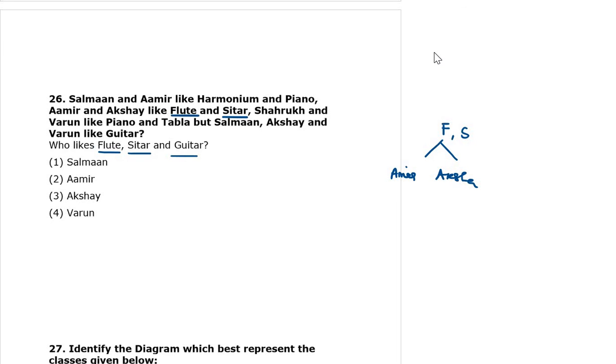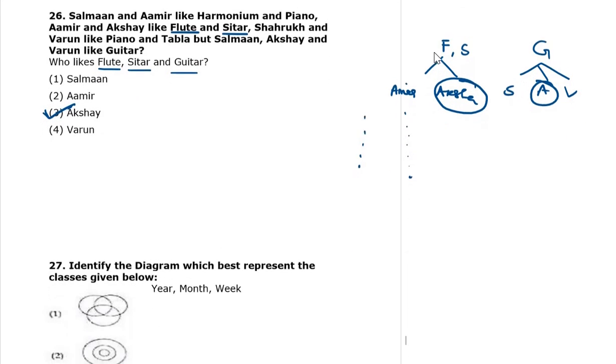But Salman, Akshay and Varun like guitar. Guitar: Salman, Akshay, Varun. Who is common in all the 3? Akshay. Akshay likes all the 3 instruments. Okay, like that you have to segregate. You can segregate name-wise or instrument-wise. That will make it easy to find the answer. Come to the next question.